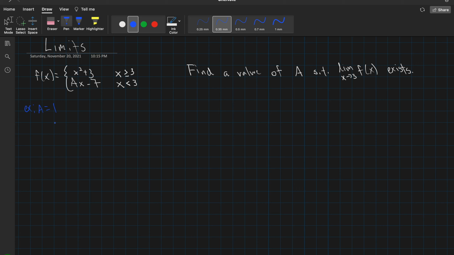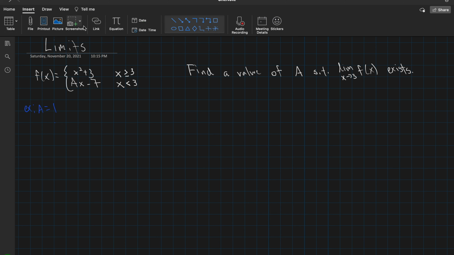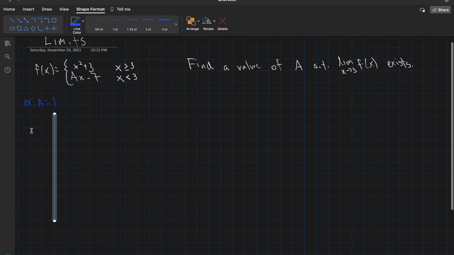Wait, actually, I learned something new the other day. Straight line tool. Very clutch. Now I don't have to freehand all these graphs.